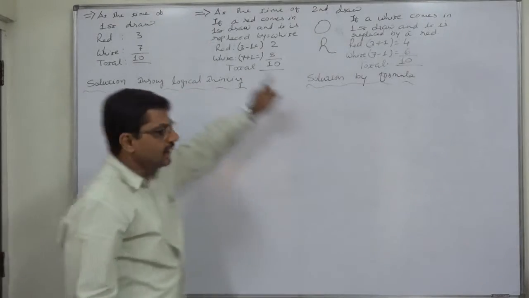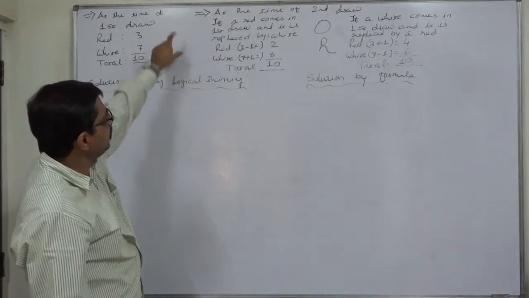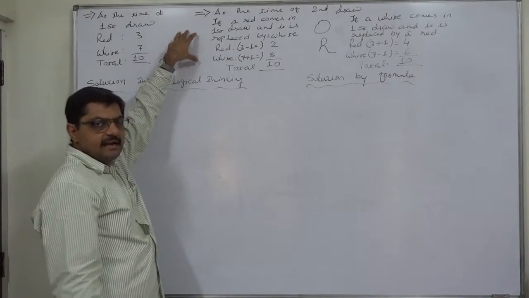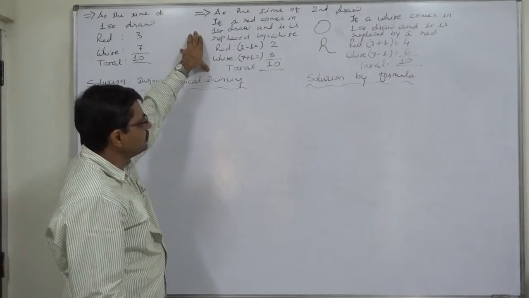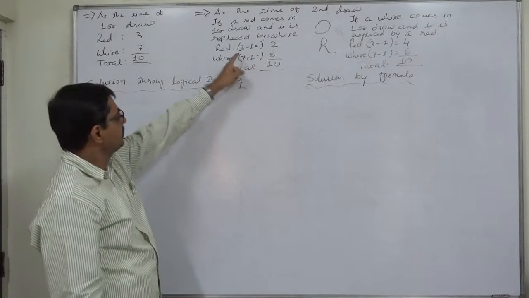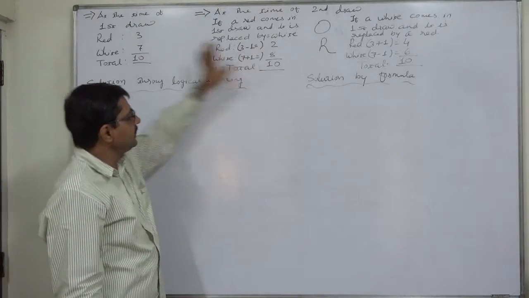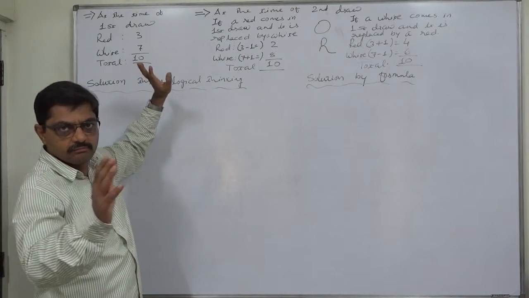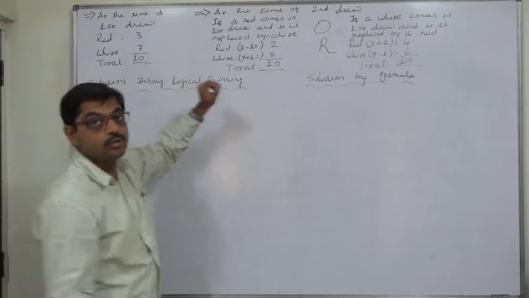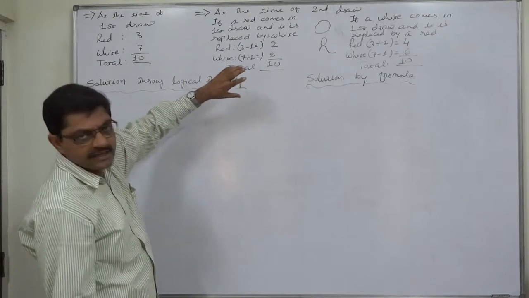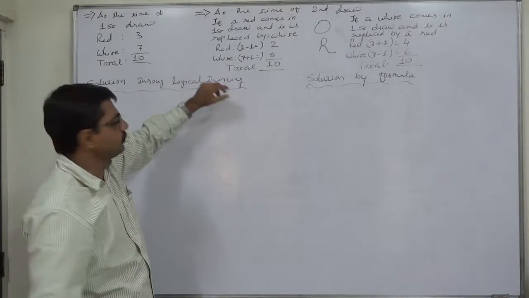If we draw red ball in the first draw, then before the second draw the situation will be like this. Red ball drawn in the first, so 3 minus 1, now there will be 2 red balls and it is replaced by the ball of the other color, means white ball.